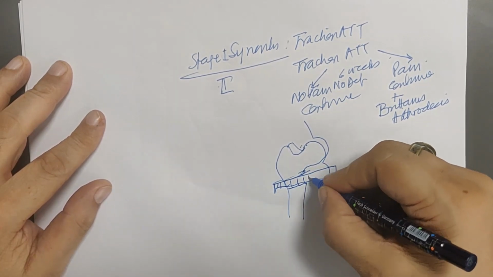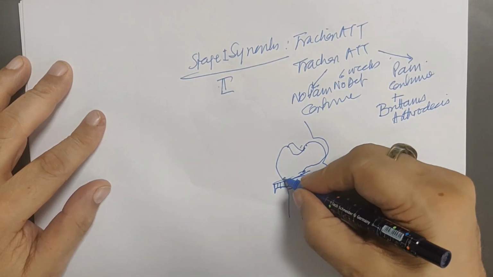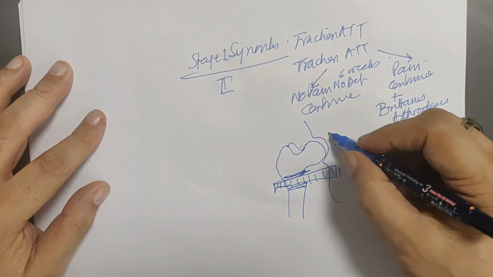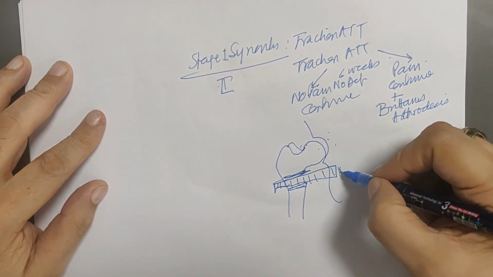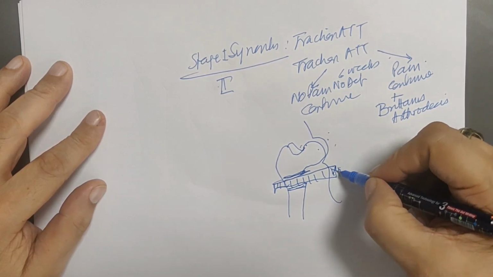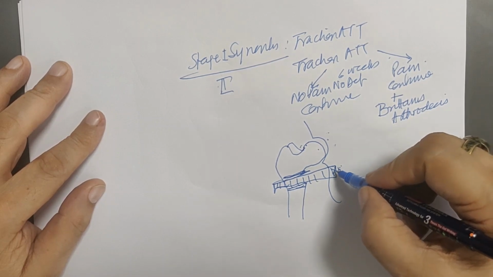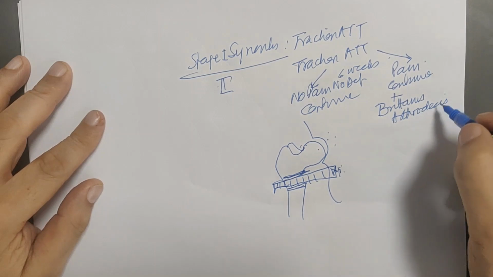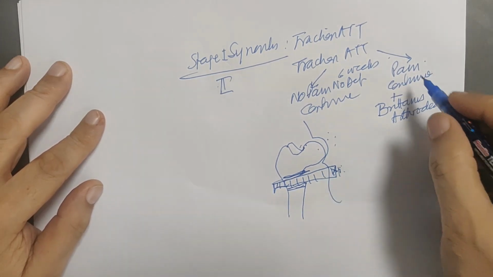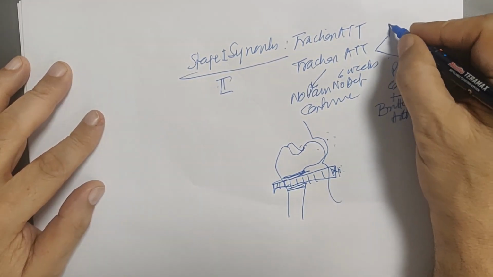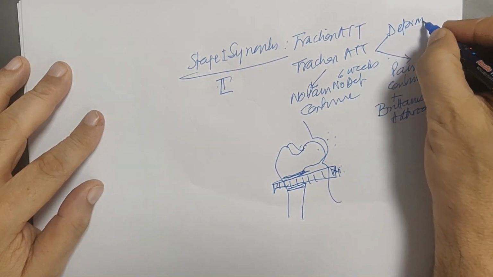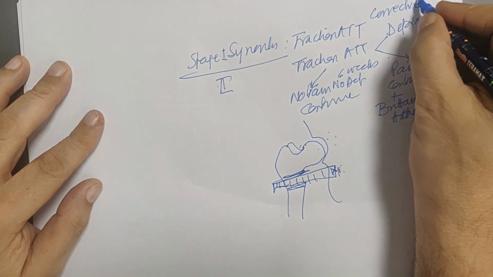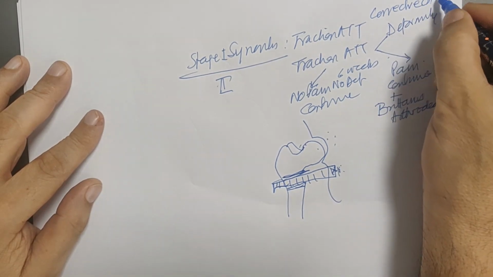So this is a graft which has been placed in a subtrochanteric osteotomy, and the hip has got an extra-articular fusion with a graft connecting the ischial tuberosity to the distal femur. So this is Britton's arthrodesis, and it is for pain. If there is an unacceptable deformity, you can do a corrective osteotomy.